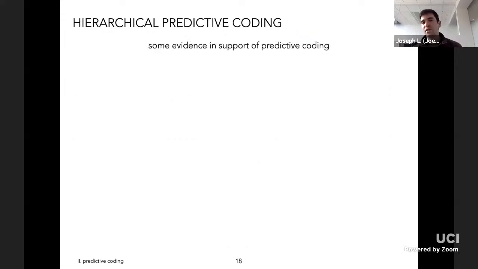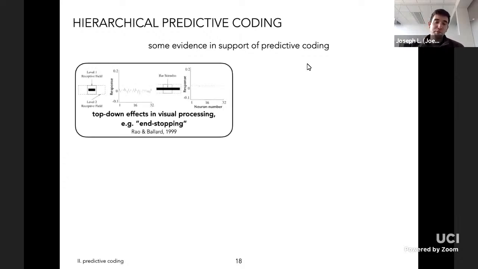Even though at the time that was really just a speculative theory, there is quite a bit of evidence now to support it. Going back to this paper from 1999 by Rao and Ballard, which was the paper that really broke the lid off of it, you had what's called the end-stopping effect, where if you have a small bar, you get a lot of signals coming on, but if you get a larger bar, you get a suppression of those signals.